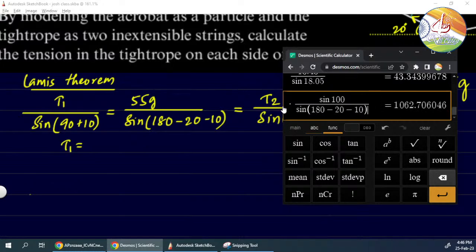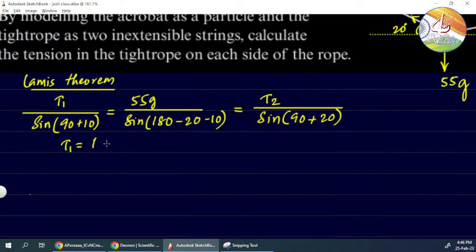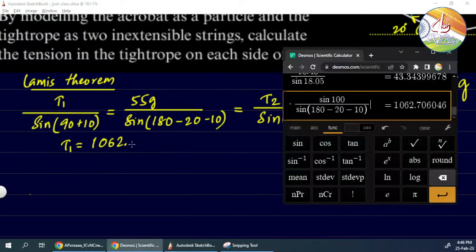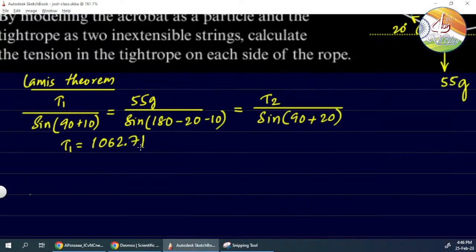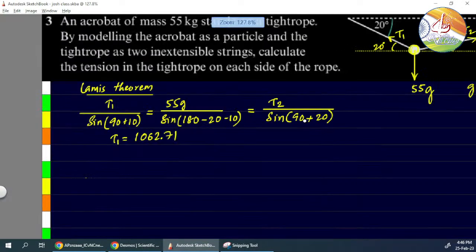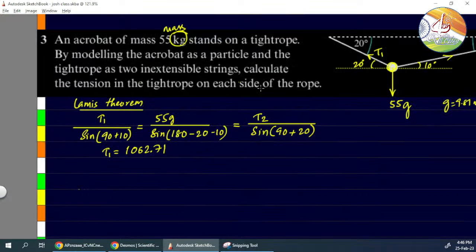So that is giving us 1062.71. This one is in kgs, so when we convert, we will get it in newtons. So tension is in newtons.